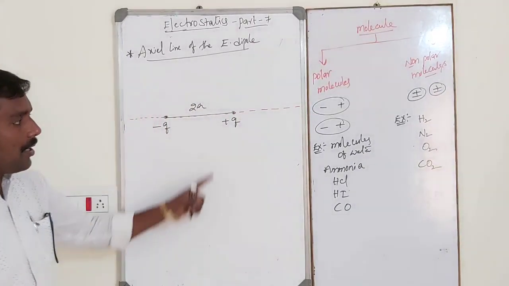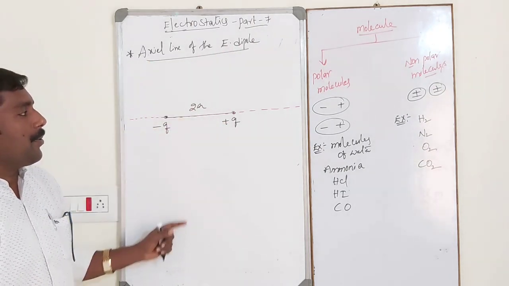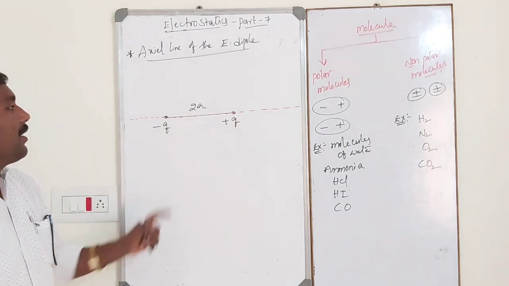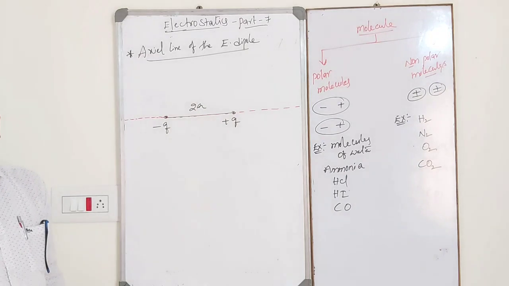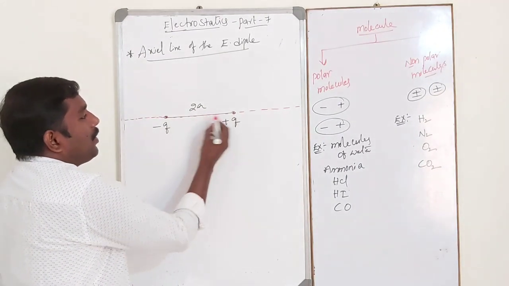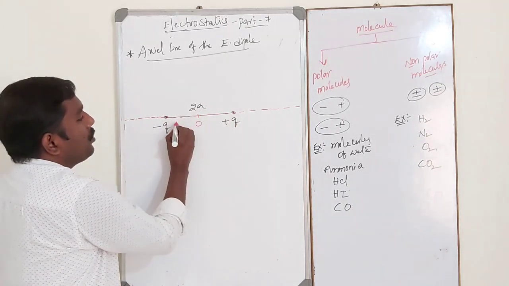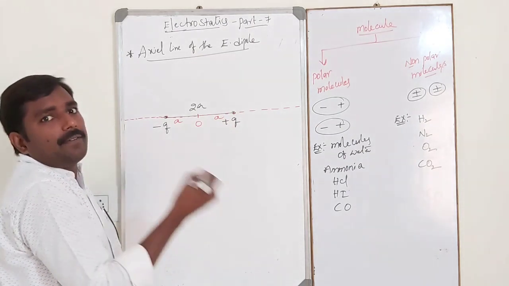See, axial line, very most important. Axial line of the electric dipole means the line joining the two charges extended on both sides. This is axial line. The center point between two charges, that is O, is called the midpoint of the dipole.